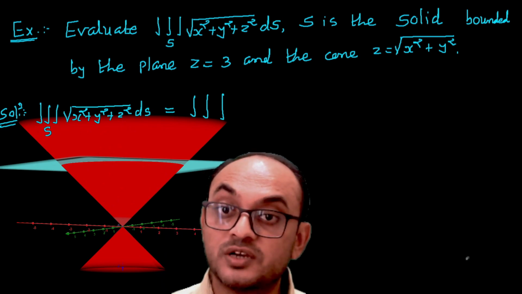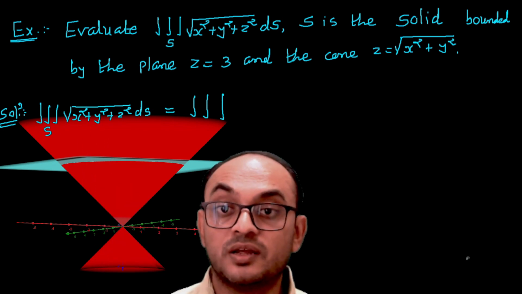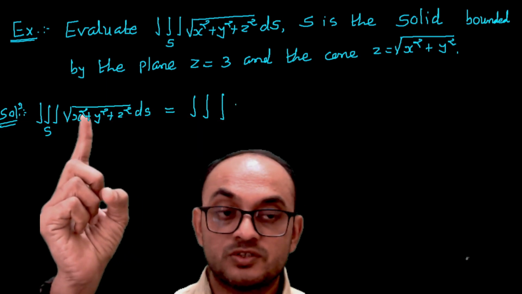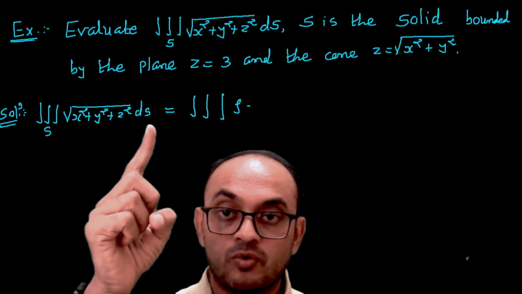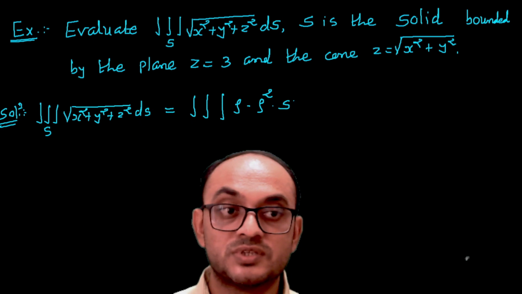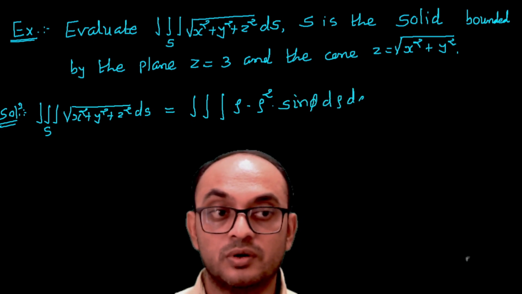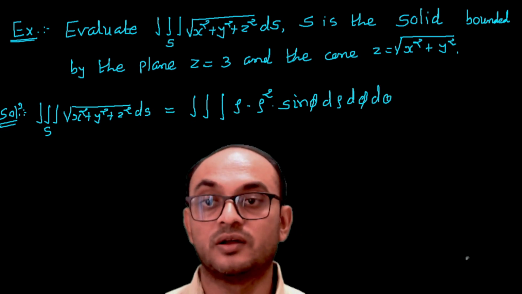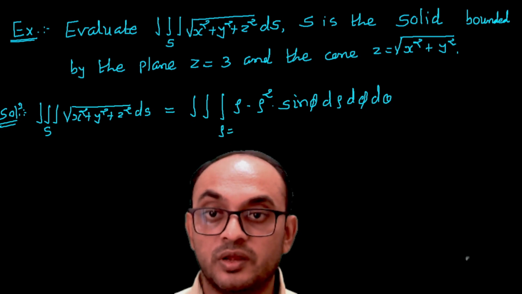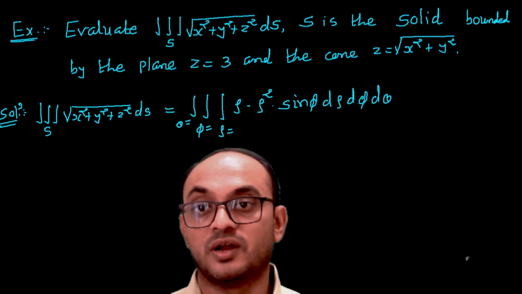So in spherical coordinates, x square plus y square plus z square is equal to rho square, and so its square root is rho. Then what is ds? ds will be rho square into sine phi, then d rho d phi d theta. The question is, which are the limits for rho, the limits for phi, and the limits for theta?